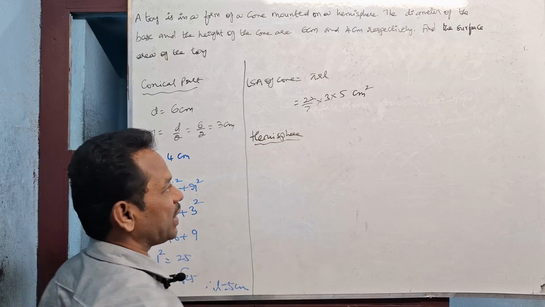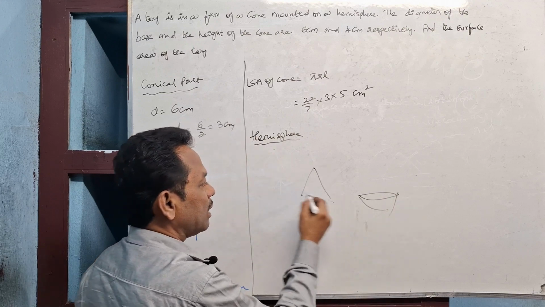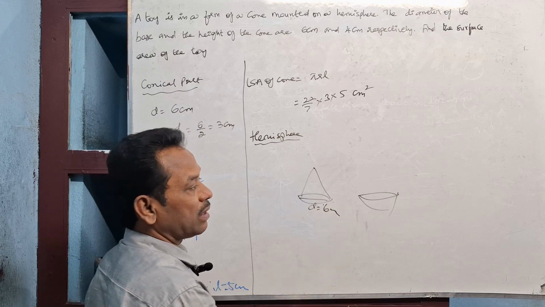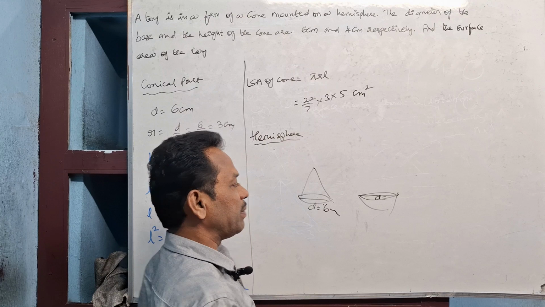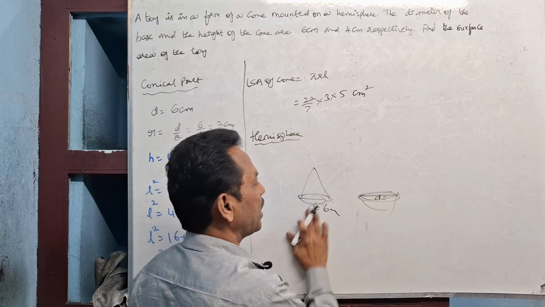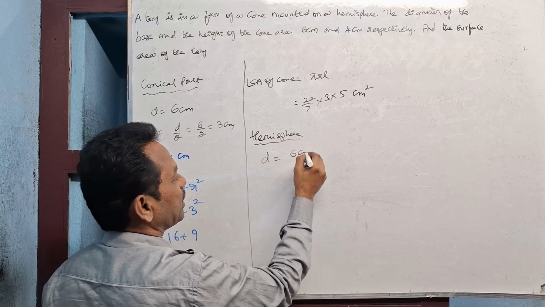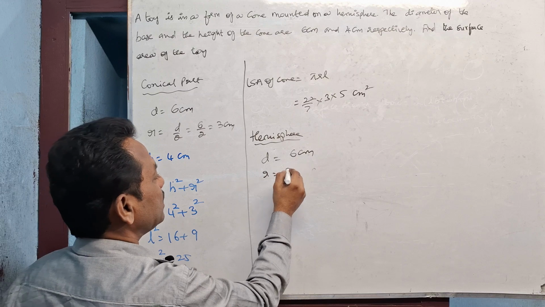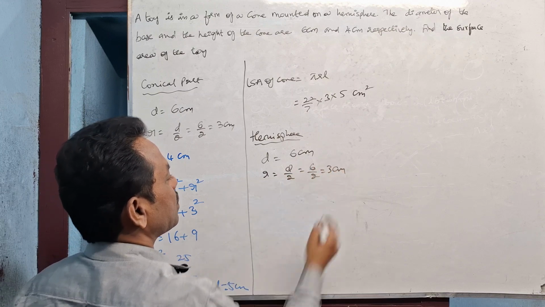For the hemisphere, remember that the cone has a diameter of 6 centimeters. So here also the diameter of the hemisphere is 6 centimeters, since the diameters are equal. So how to find the radius? Radius will be d by 2, that is 6 by 2, which is 3 centimeters.